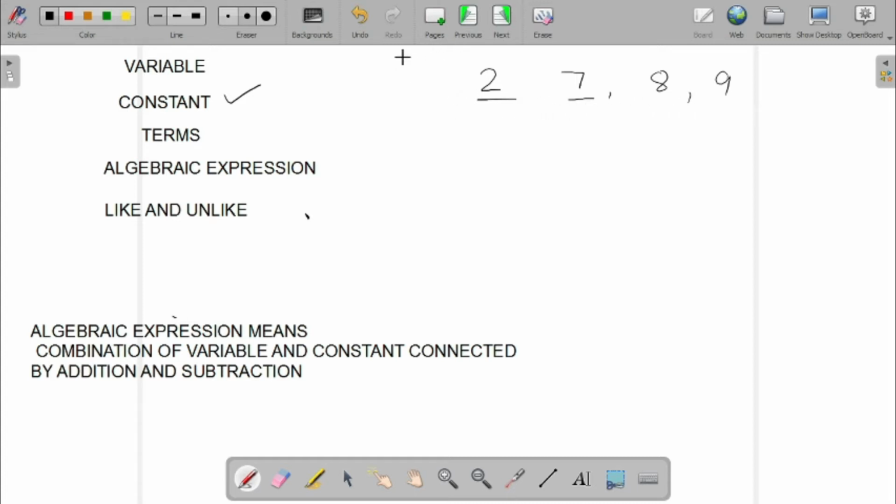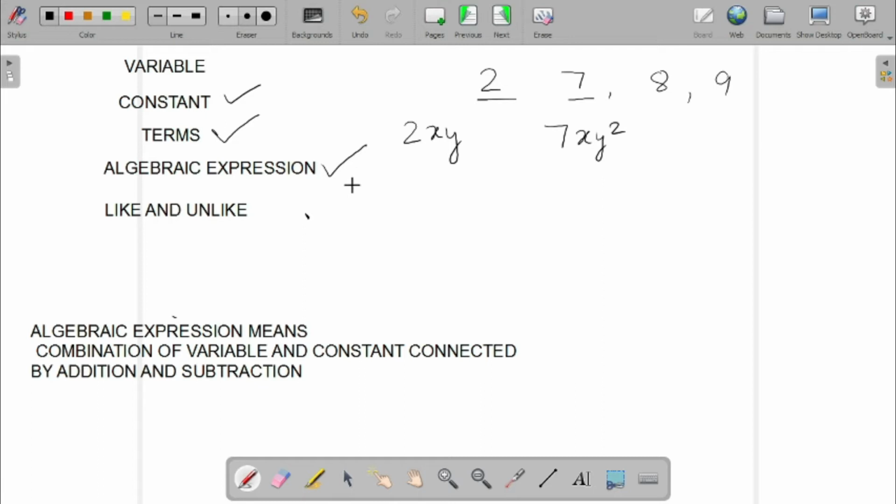Now a term is a combination of variable and constant. For example, 2xy. This is a term. For example, 7xy square. This is also a term. And what is an algebraic expression?